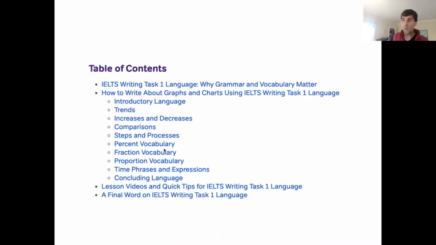If your visual wants you to make a comparison, or to describe some increases or decreases, this would be a place to begin looking for words that you can use to avoid redundancy and to be accurate about what you're describing.